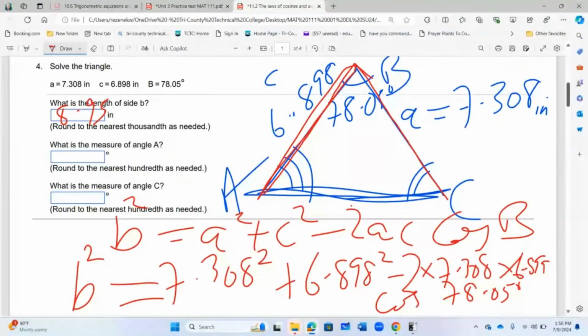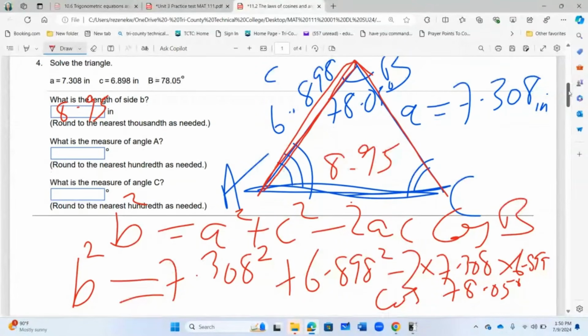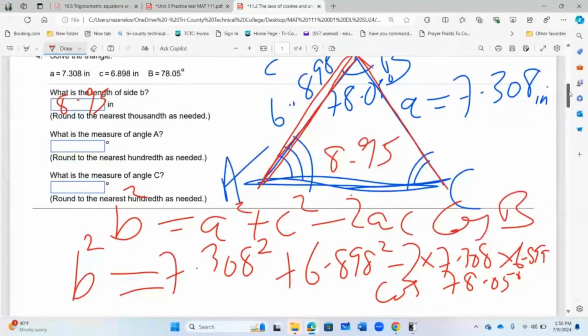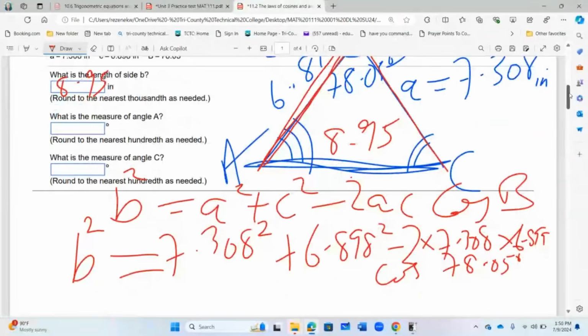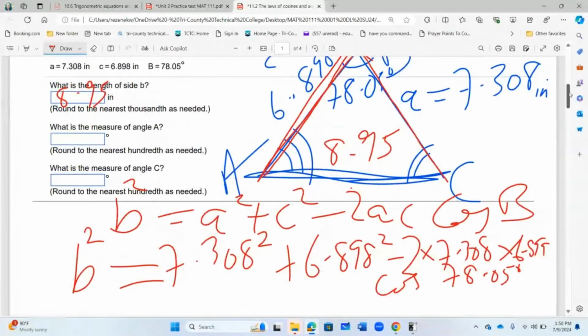Because I have found B, I can use sine rule to find A, a combination of sine and cosine this time. So when you're solving a triangle, you don't have to use only cosine rule. I'm going to use sine rule to solve for another angle. If I find another angle, then I find the other side.